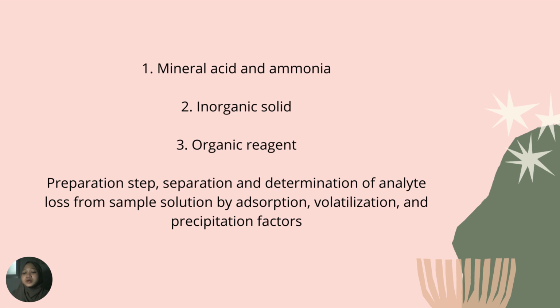Ammonia will be contaminated by silica, aluminum, calcium, and other elements, which can be caused by the alkaline solution attacking glass too.